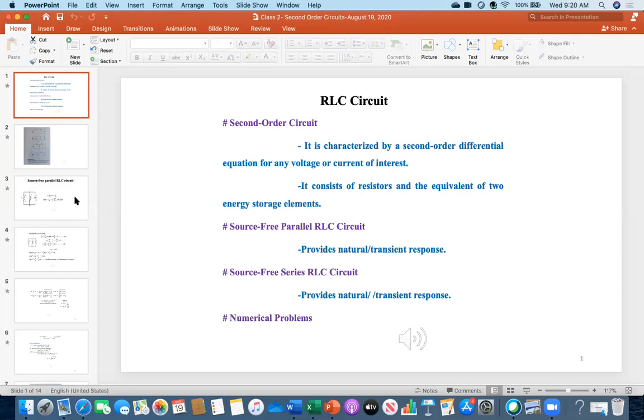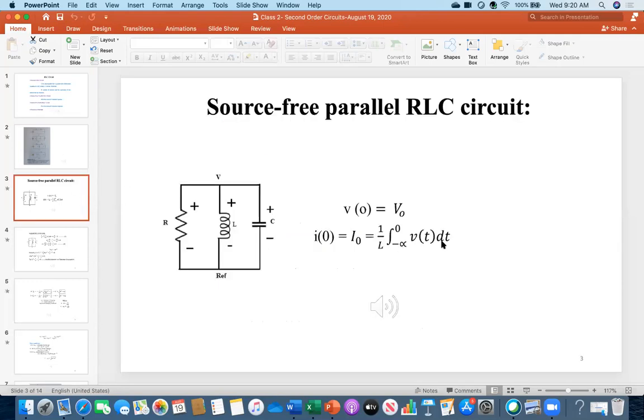So let's have a look at the characteristics of the source-free parallel RLC circuit. Let's jump to slide number 3. On the left side is the source-free parallel RLC circuit, R, L, and C. I have marked the polarity, plus, minus. I'm assuming that on the top node the voltage is V, and the bottom is reference, meaning it is grounded.